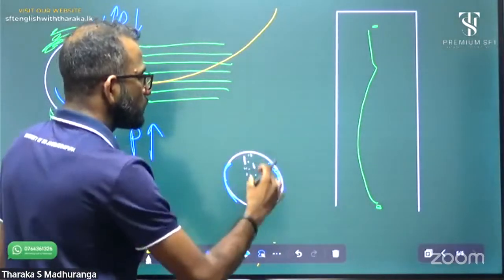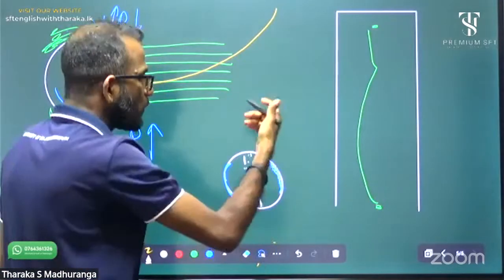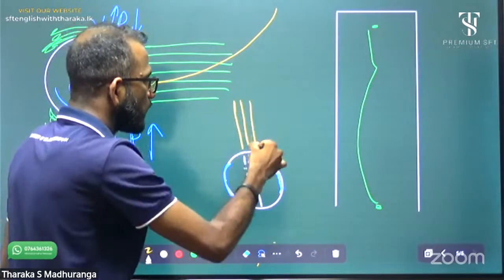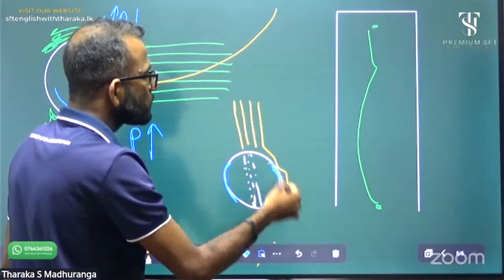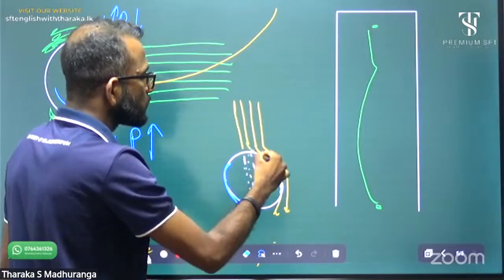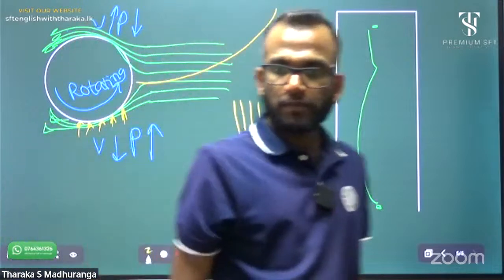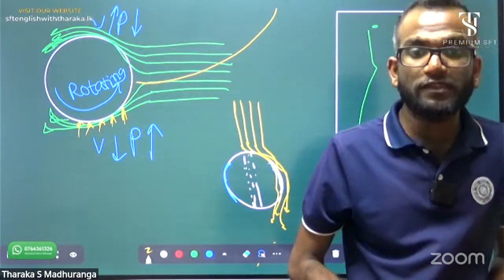Now when the ball moves, this is a stream flow, streamlines. You know, streamline speed is greater in a turbulent flow, right? Now it is a turbulent flow, so its speed is greater.